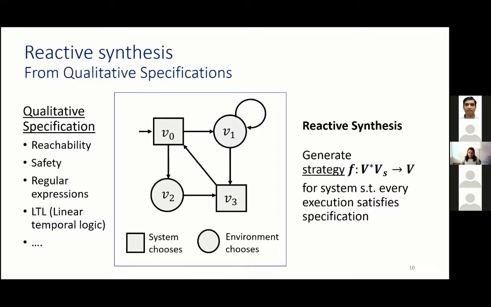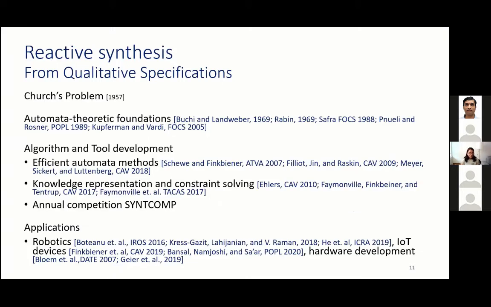Now, reactive synthesis is in fact a very well understood problem. The problem first dates back to Church's problem in the 1950s. And since then, initial works were focused on the theoretical foundations, which are based on automata techniques.